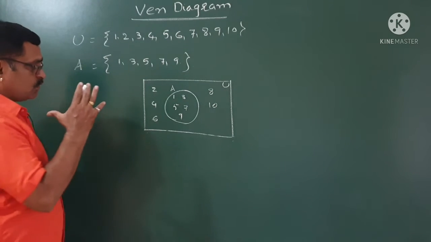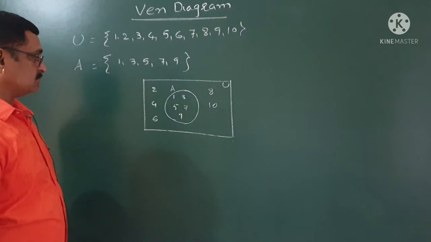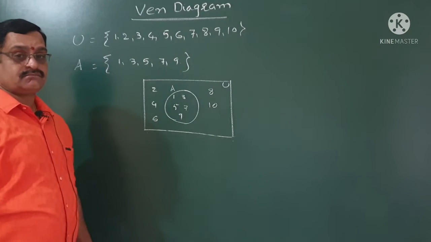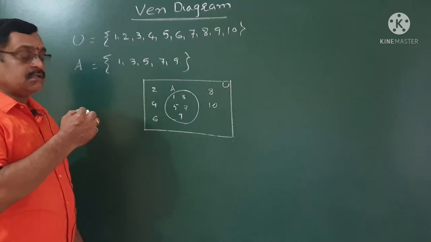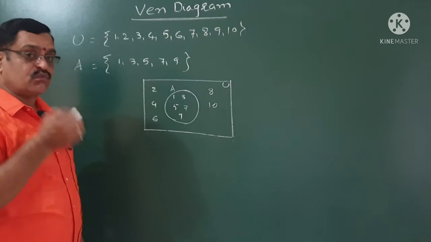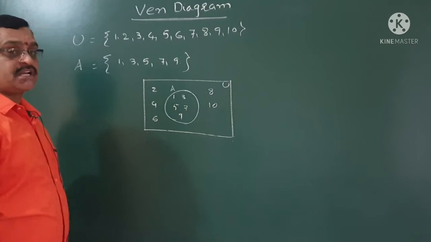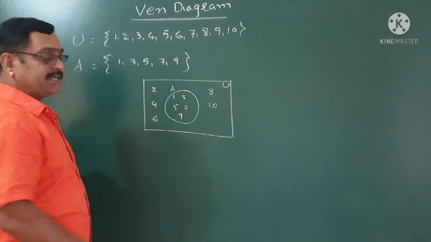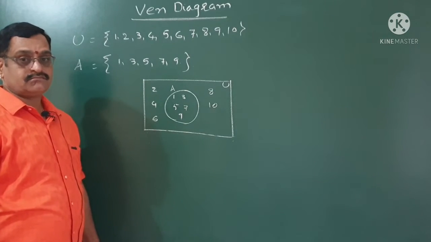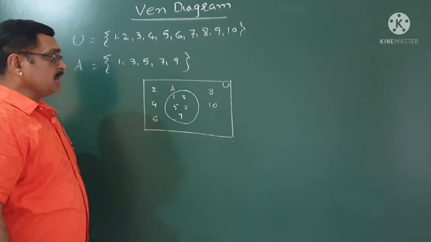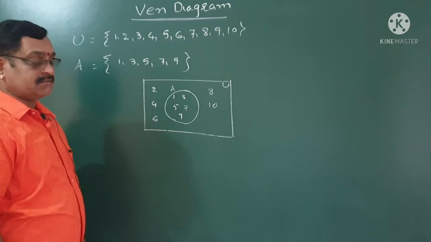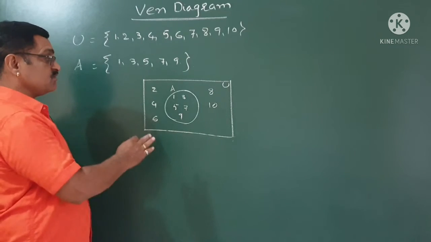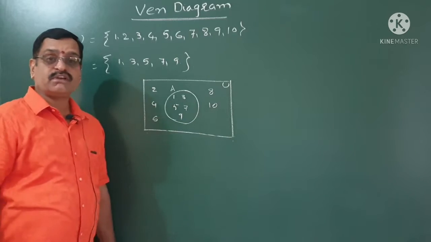Now, if you have a close look at this diagram, look at only the rectangle, ignore the circle. Then you find all the elements of U inside the rectangle. Now, focus on only the circle, then you find all the elements of A. And from this, we can find a lot of things.